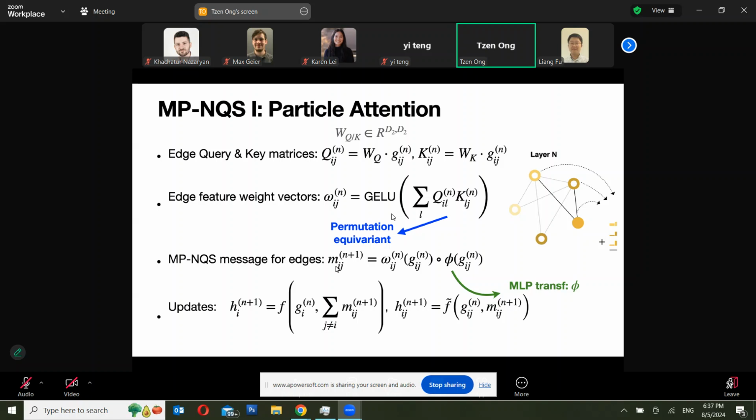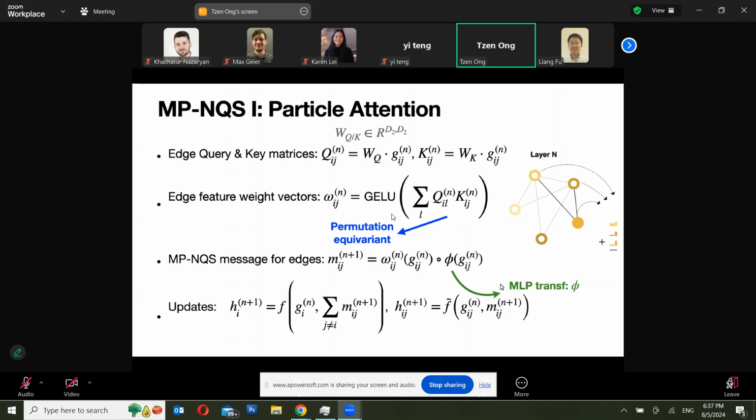You end up getting a message mij, a vector for each edge, which you can think of as the effective interaction between i and j. The way you update your next vertex for the next layer is you sum over all the messages connected to this vertex, and the edges are just updated by the effective interaction from that edge itself.